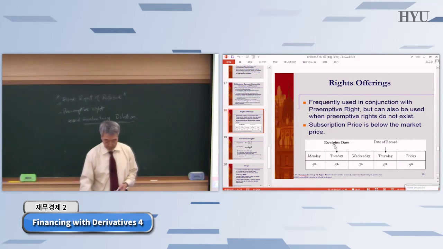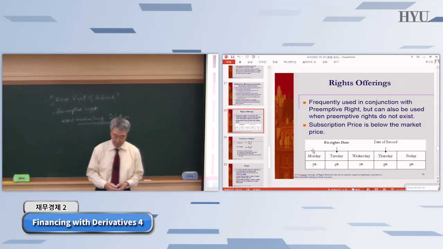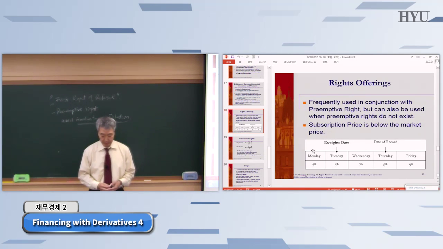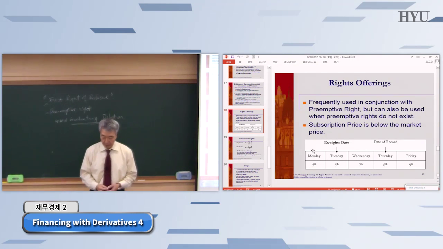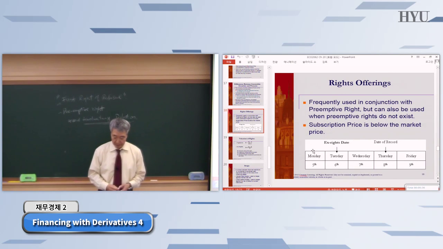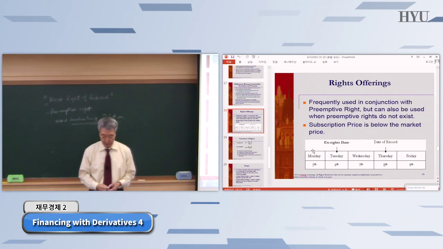So let's say December 1st, okay, that the company announces that we are going to issue new shares. Okay? And well, the existing shareholders will get the rights. Okay? Then they will announce a couple of dates, date of record and ex-rights date.